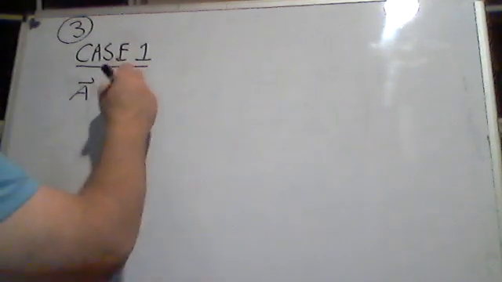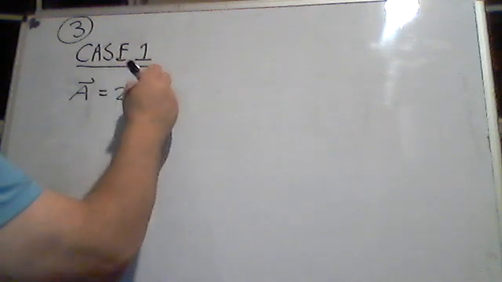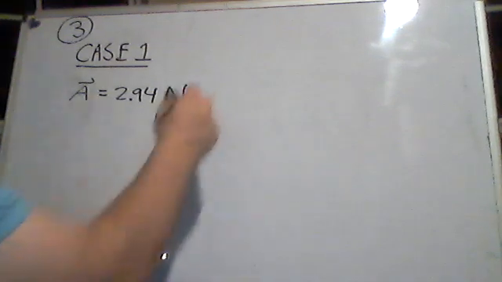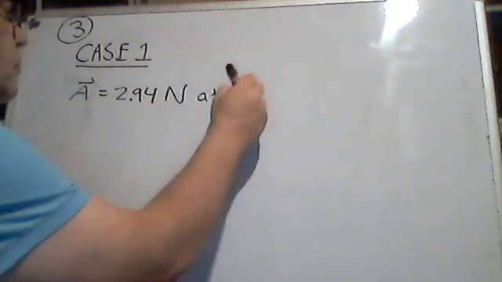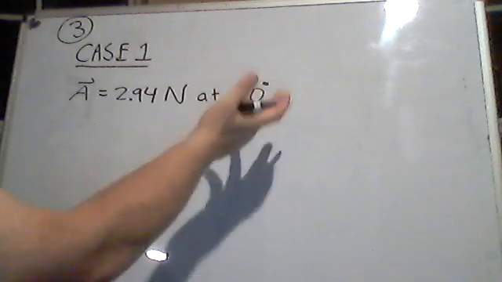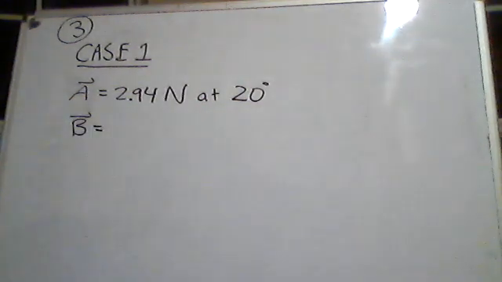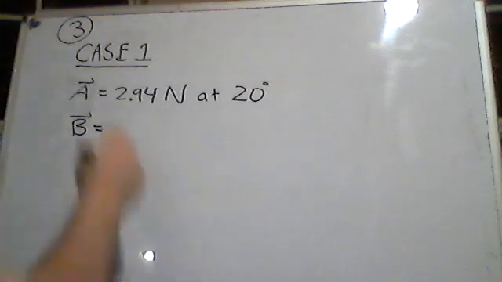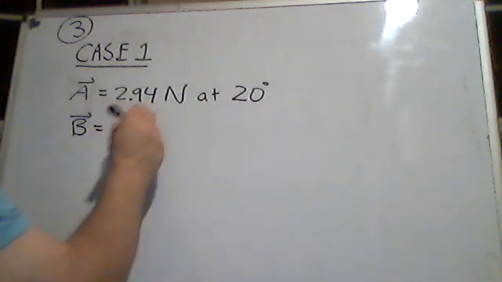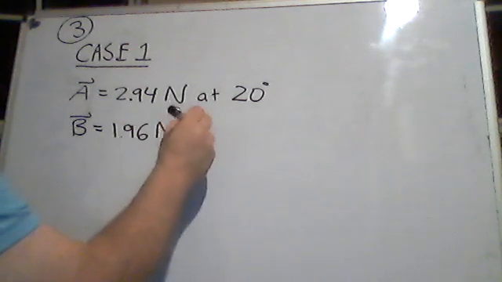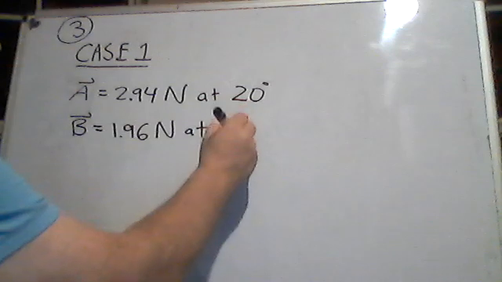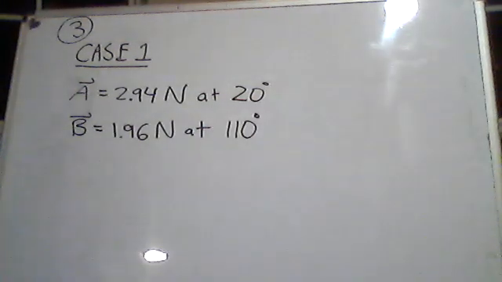I have 2.94 newtons at 20 degrees, and that's exactly as it's written. And then vector B says 1.96 newtons at 110 degrees. I want to add those 2 vectors.